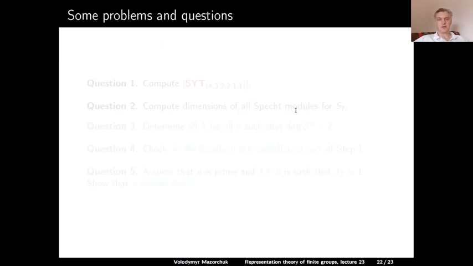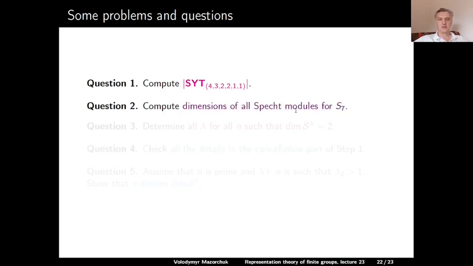So here are some problems and questions. Question 1. Compute the number of standard Young tableaux of shape 4, 3, 2, 2, 1, 1. Question 2. Compute dimensions of all Specht modules for S7. Question 3. Determine all lambda for all n such that the dimension of S lambda is equal to 2.